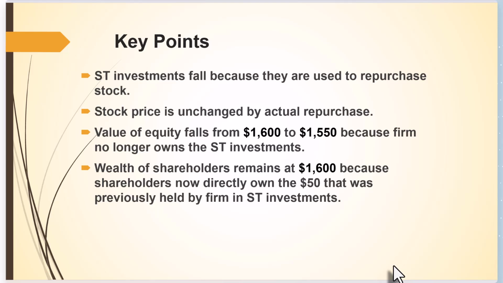But the wealth of shareholders remains at 1,600 because shareholders now directly own the $50 that was previously held by the firm. So the shareholder wealth doesn't change, but shareholder ownership does change. That $50 represents the old value. Somebody owned those shares previously.